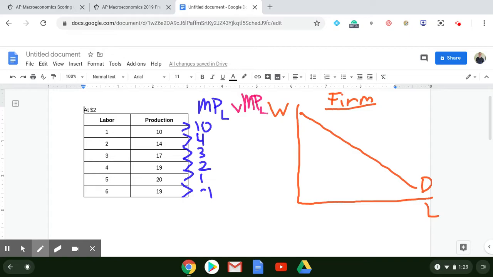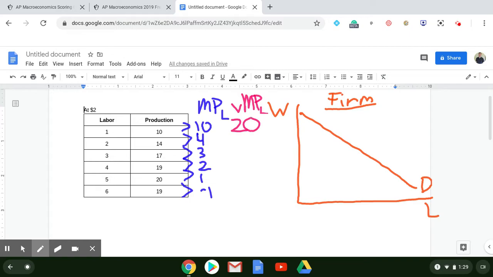When this first person adds 10 units of the product, times $2 per product, this worker has added a value of marginal product of 20.